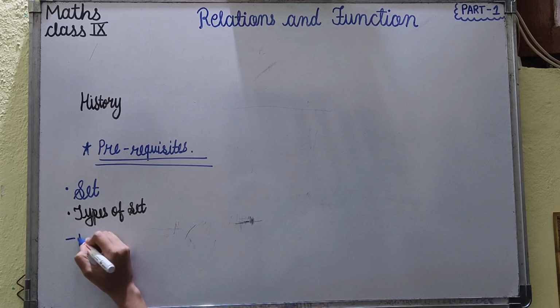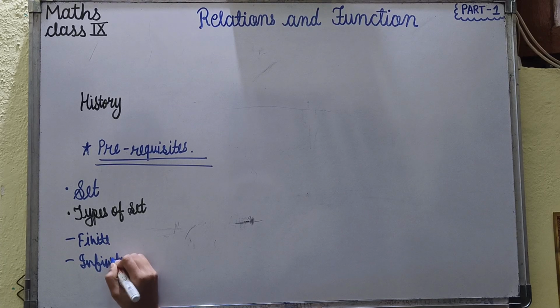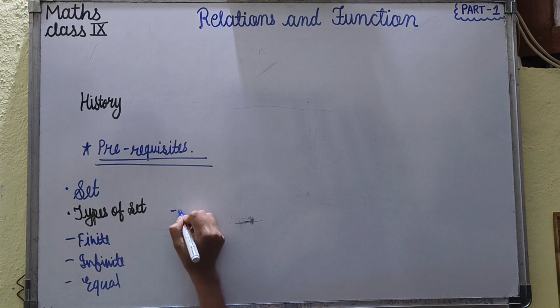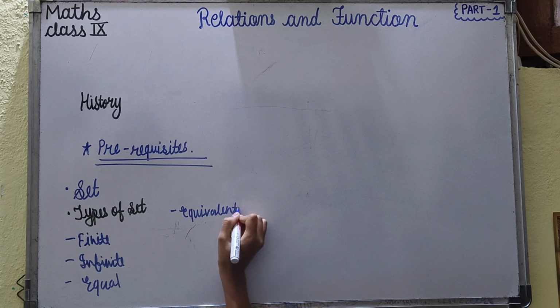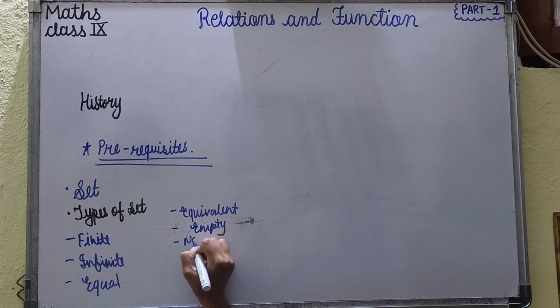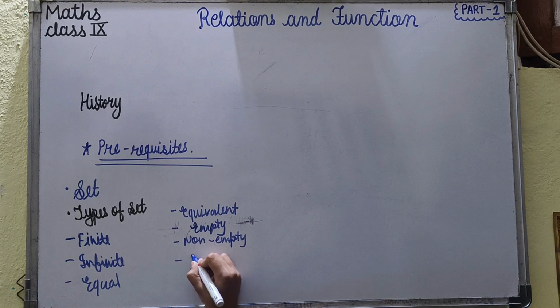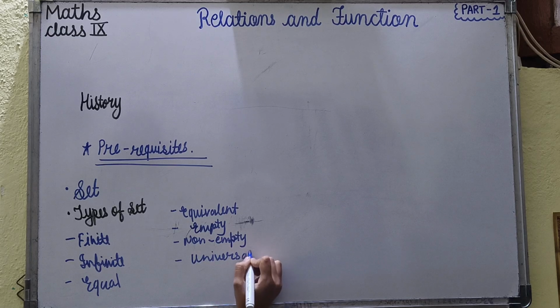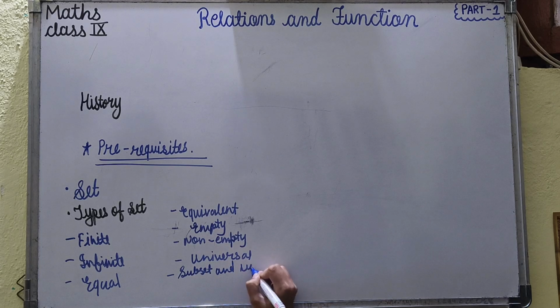First was finite set, second infinite set, third equal sets, fourth equivalent sets, fifth empty set, sixth non-empty set, seventh universal set, eighth subset and superset.